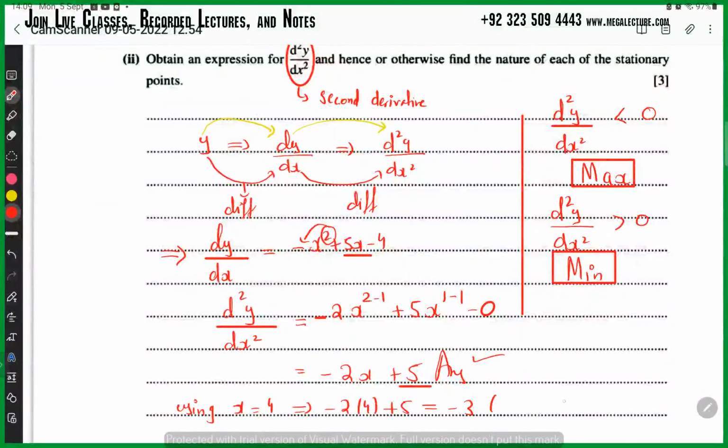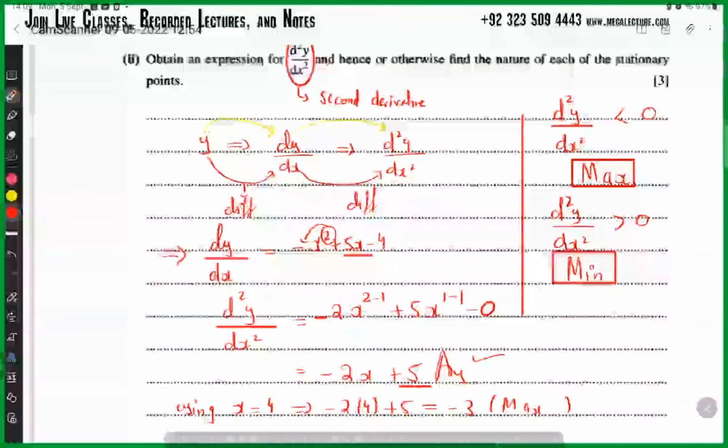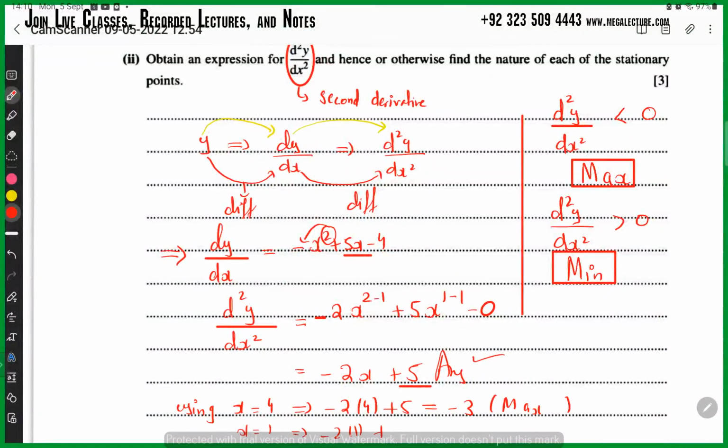What does negative 3 imply? A maximum point. This means that at x equals 4, we have a maximum point, and at x equals 1, it would be positive 3. So that is going to be a minimum point.